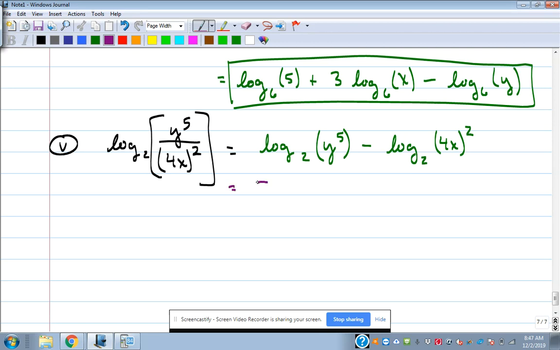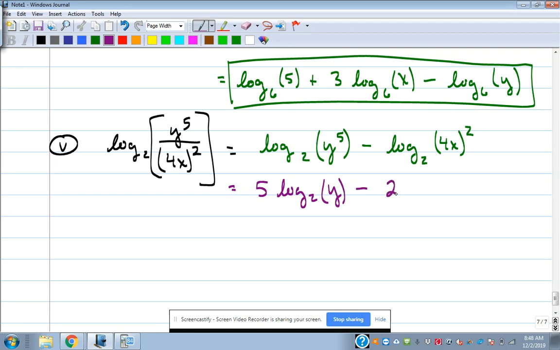Yeah, the power property could pull the 5 to the front. What about the next piece? Okay, so which one comes first? The power or the product? The power, right? Because of the order of operations, what happens first? Power, right? Exponents happen first.